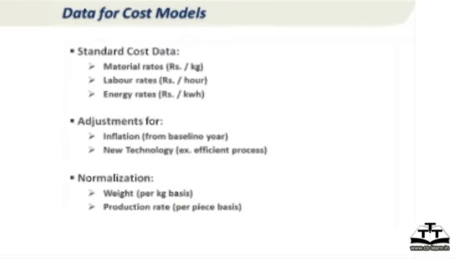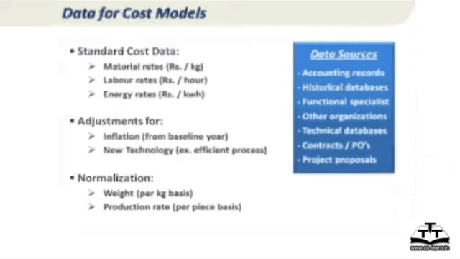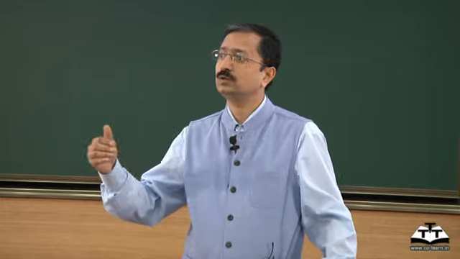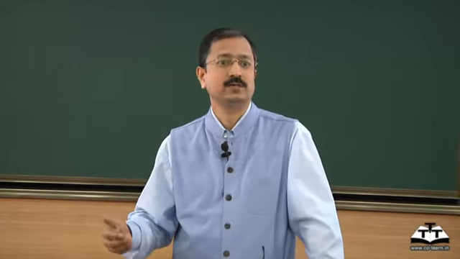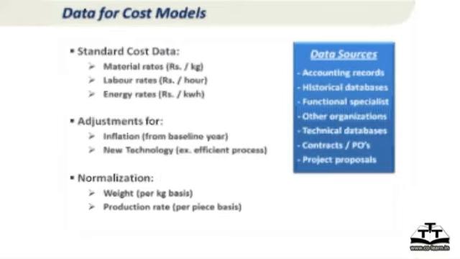So I need to adjust for those values. I need to have some baseline here. Finally we also have to normalize the values. So how do you get the data? Okay, you get the data all the way from accounting and historical records to subject experts and domain experts, especially those rates and adjustments and all that. You need to access experts for that.